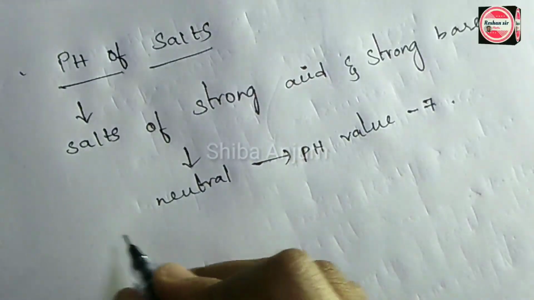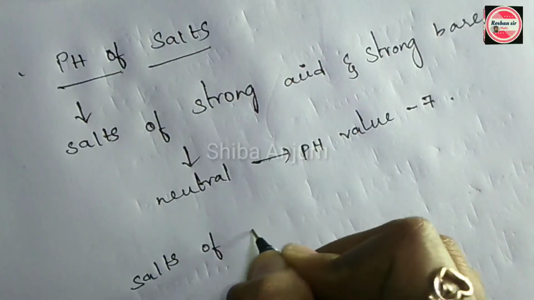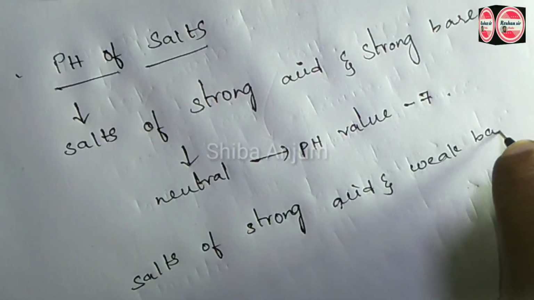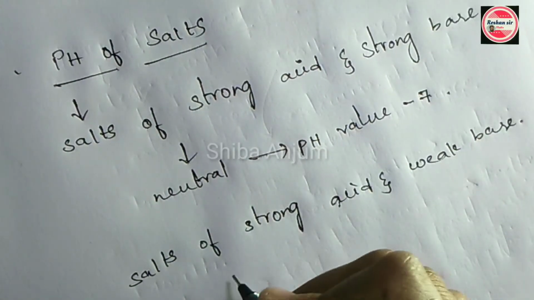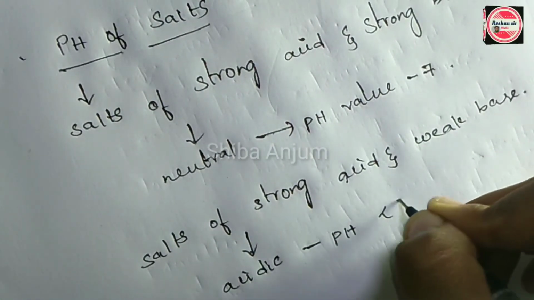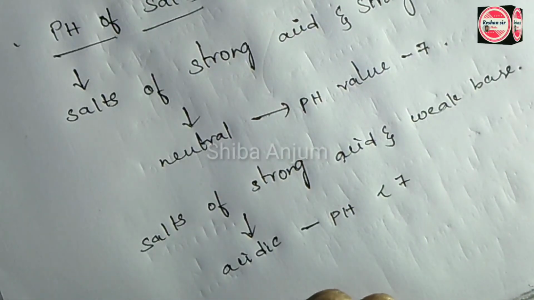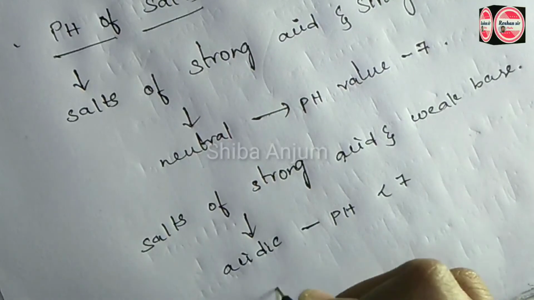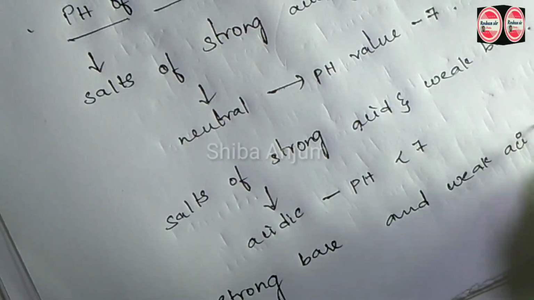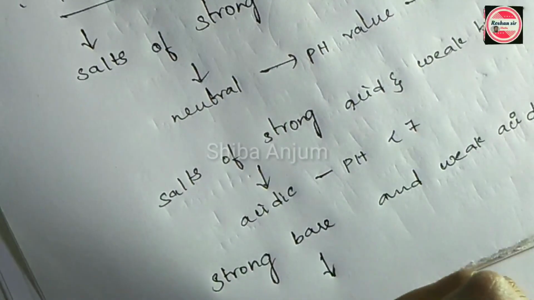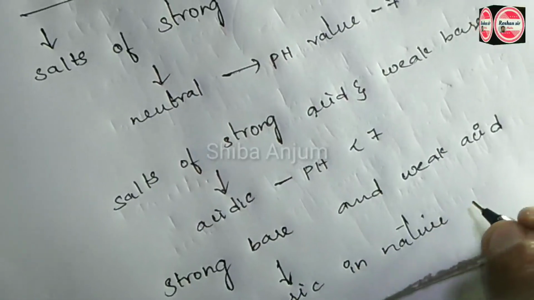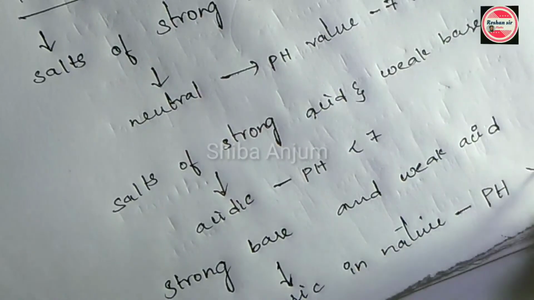On the other hand, salts of strong acid and weak base are acidic with pH value less than 7, and salts of strong base and weak acid are basic in nature, with pH value greater than 7.